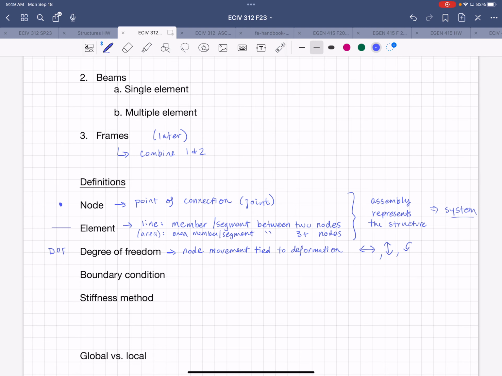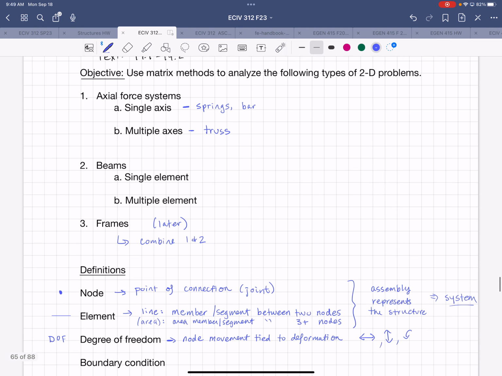So continuing with this concept of degree of freedom, if we go back to the different types of systems here, an axial force system, if we just have a single axis that we're considering, has 1 degree of freedom, right? So it can only move in one way that's associated with deformation, just axial deformation.